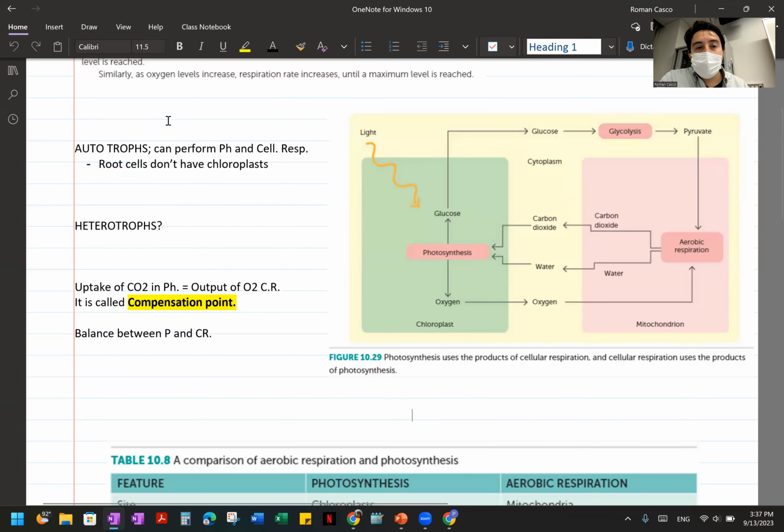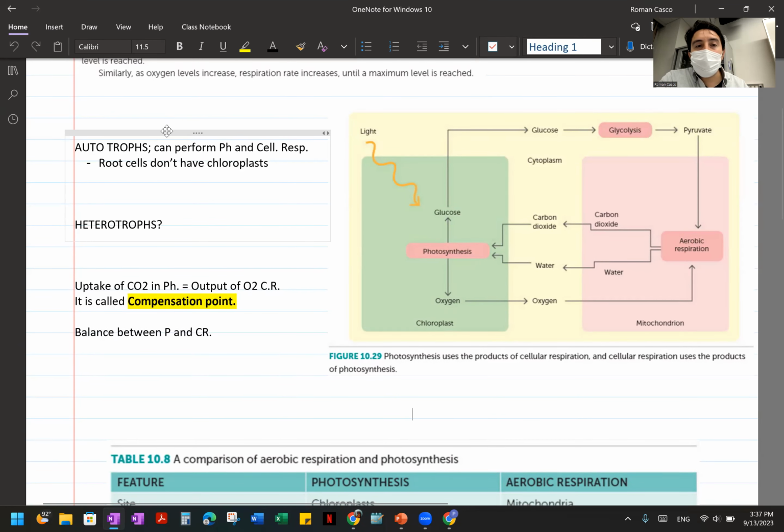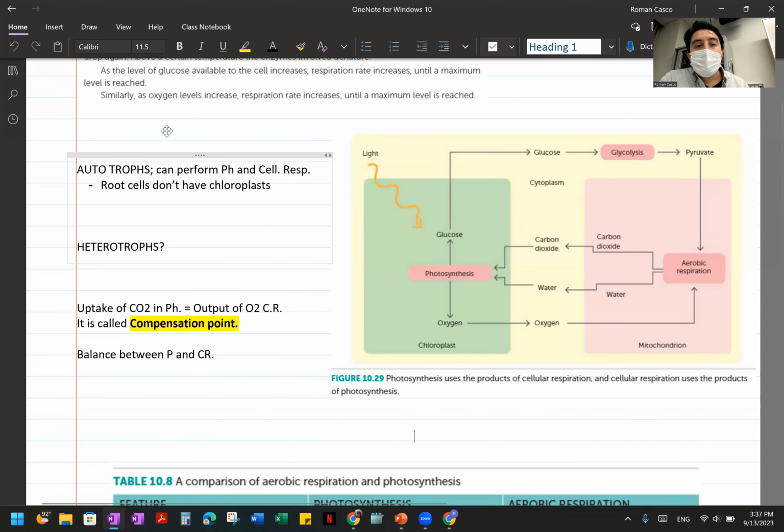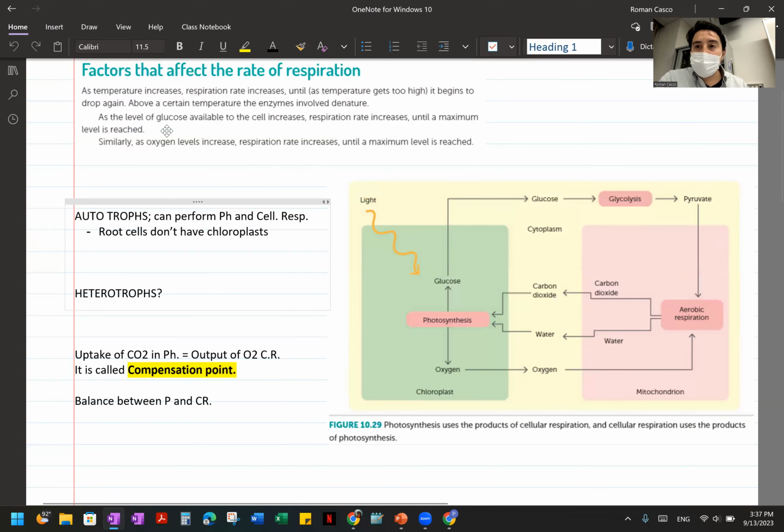And lastly, in terms of this relationship between cell respiration and photosynthesis, depending on the organisms, right? Some organisms can do both, right, because they have chloroplasts and mitochondria. Right, these are generally the autotrophs that have both organelles, so they can perform photosynthesis and cell respiration. But even some plants, different parts of the plant don't necessarily have chloroplasts, like the root cells, right?